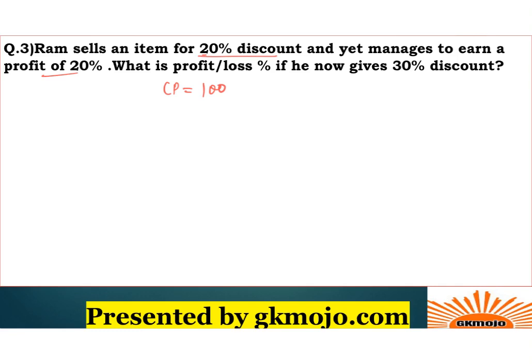So what would his selling price be? His selling price would definitely be 120. Why? Because he sells it at a profit of 20%, and he gave a discount of 20% on the mark price. So definitely his mark price will be 150, because a 20% discount on 150 will give you a selling price of 120. You can do this calculation.